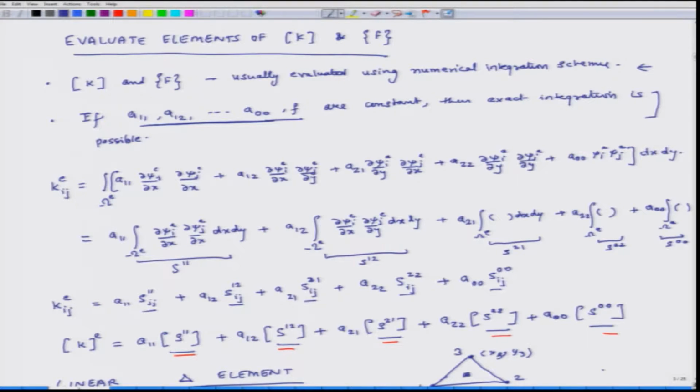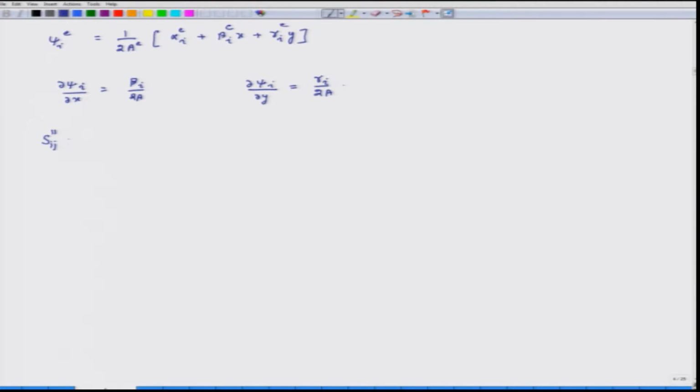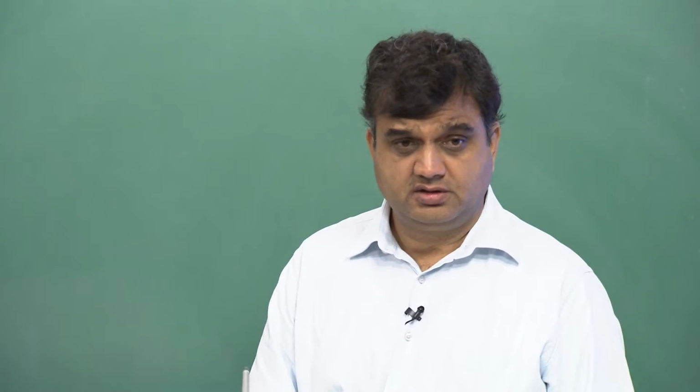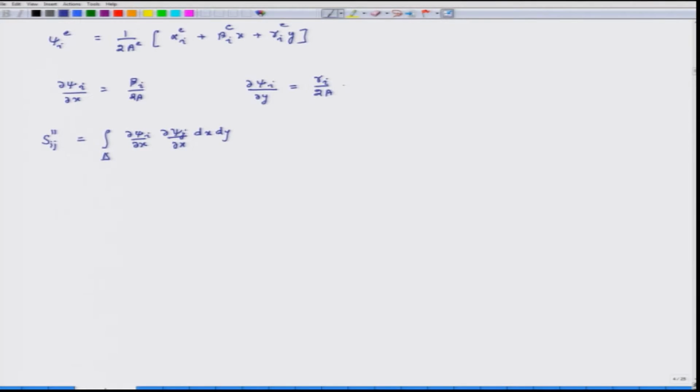So, for S11 the ijth element is the integral of del psi I over del x times del psi j over del x, dx dy, and my domain of integral is in this case the triangle, because we are thinking about a triangular element. So, we are integrating it over the triangle.